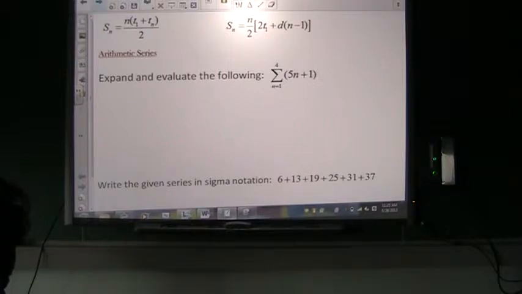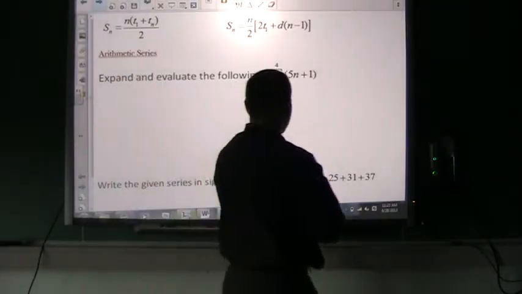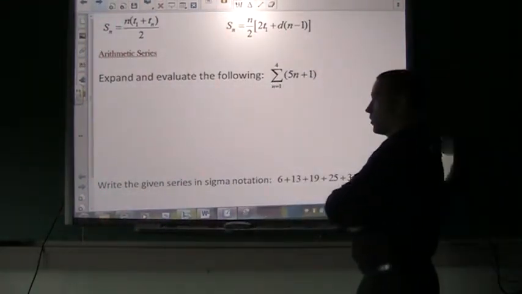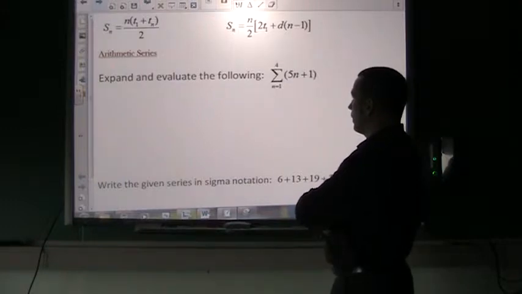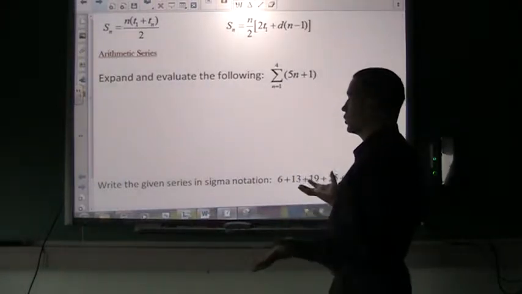All right, so now we're going on to sigma notation. And so sigma notation is when you take the general formula for your series and say, I'm going to add up how many terms or which terms.